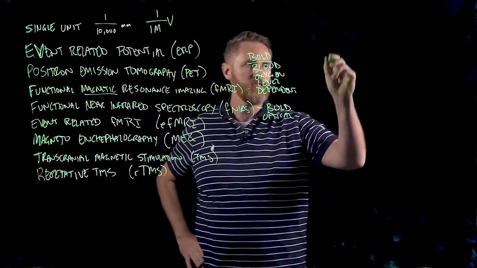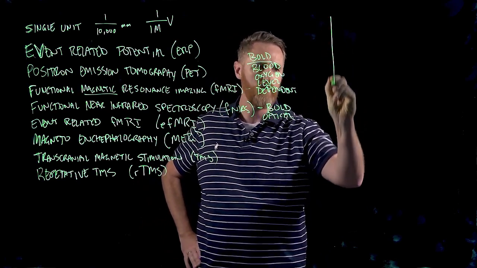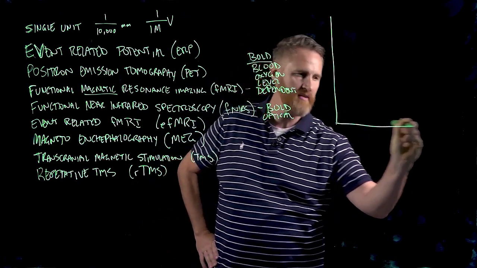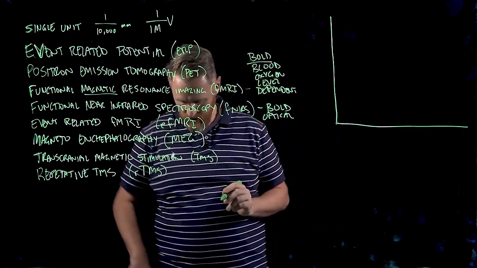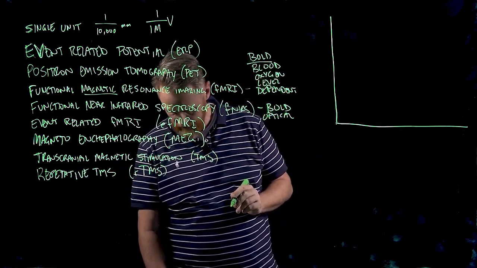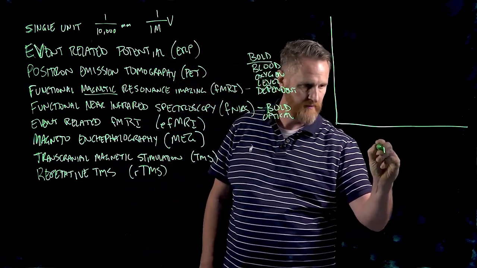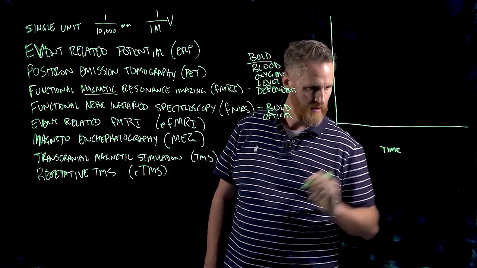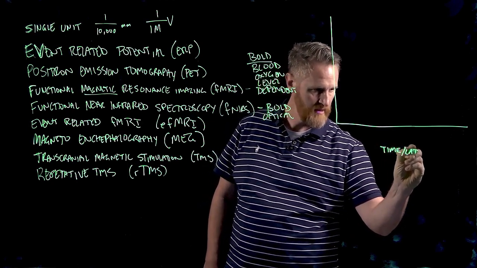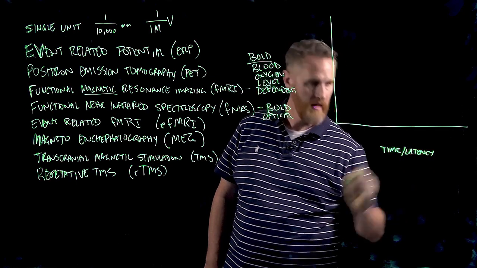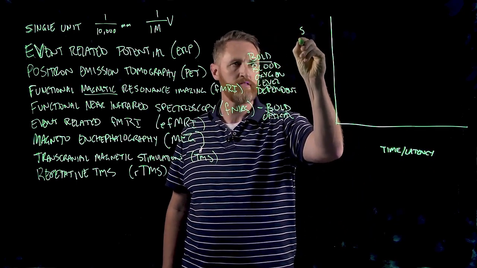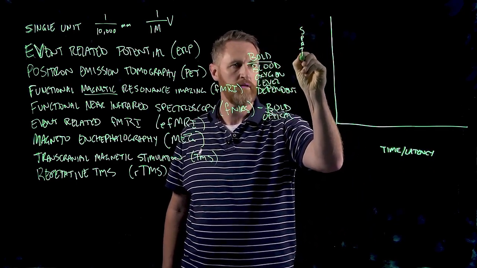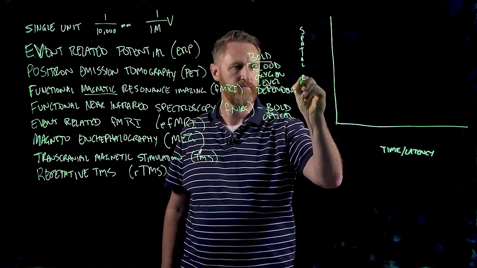Now, what I'm going to do is there's two concerns that we have when we look at brain activity, right? We are concerned about the time, right, or latency. And we're interested in spatial resolution.